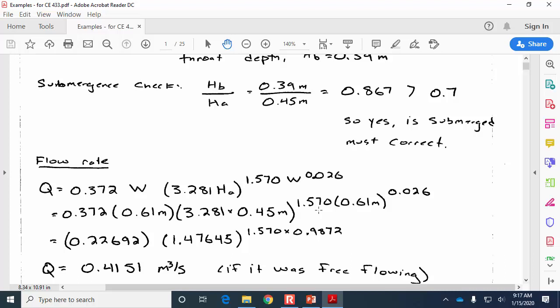But since the downstream channel isn't conveying flow very efficiently, and we know that because of the depth that we measured in the throat, because the hydraulic jump is submerged, we have to apply a correction factor. So that's our next step. Before we start talking about the correction factor, does anybody have a question or want to discuss this free flow capacity?